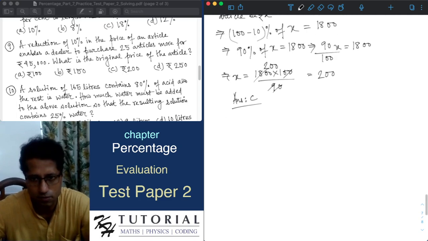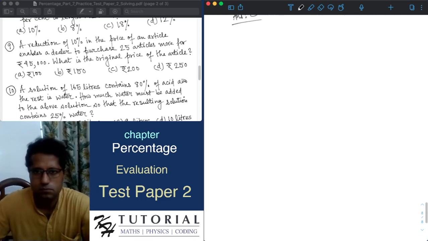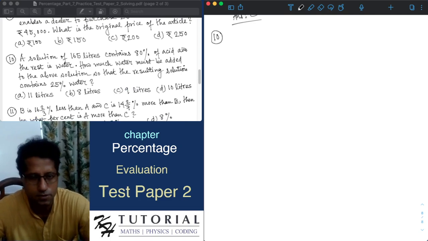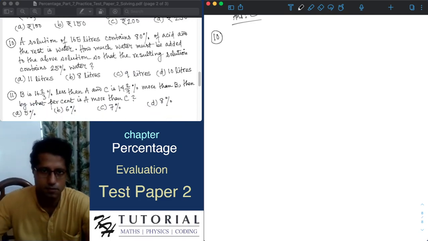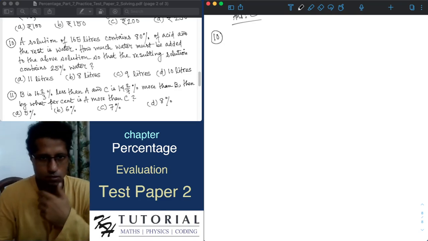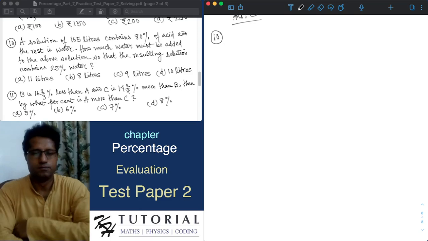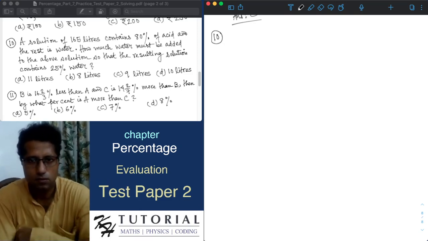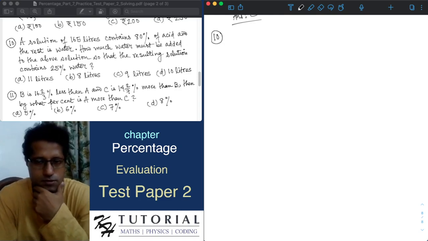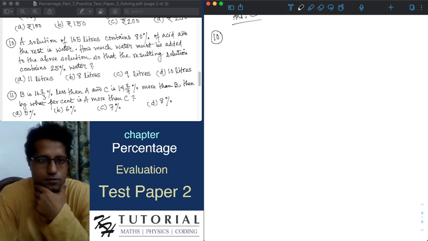Okay, let's see question number 10. Question number 10 says a solution of 165 liters contains 80% of acid and the rest is water. Okay, so we can clearly find out what amount of acid is there and what amount of water is there in the 165 liters of the solution.